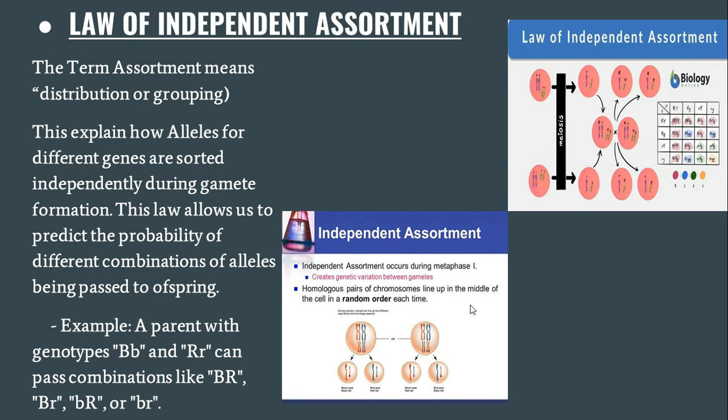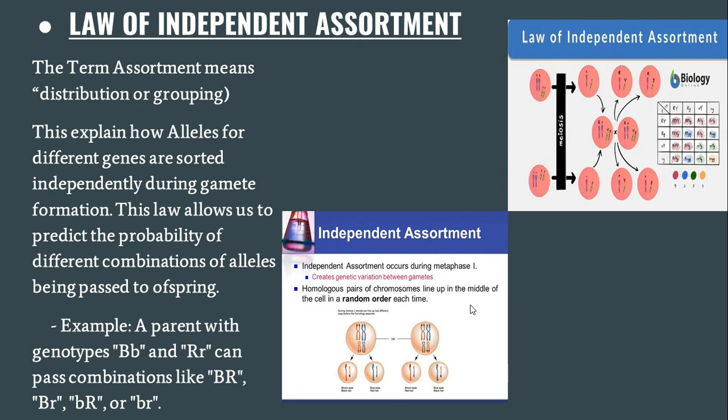One may have brown eyes and black hair, and the other will have blue eyes and red hair. The other might also have brown eyes and red hair, or blue eyes and black hair. So that will be the probability.